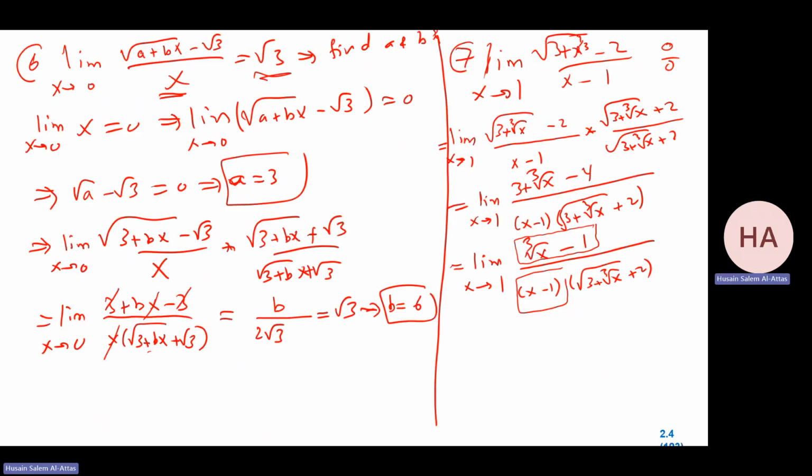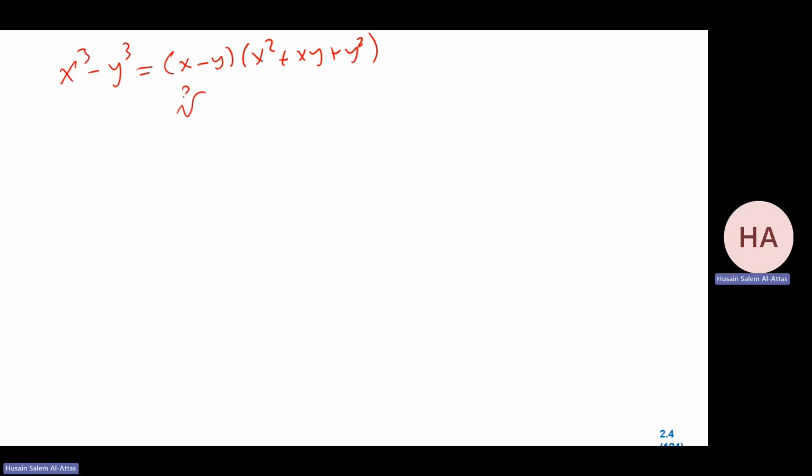So if I have cube root of x minus 1, make this like x, and this is y, to make it cube root cubed minus 1 cubed. Now I can kill the cube root. I need to multiply it by this expression, cube root of x squared, which is x to the power 2 over 3, plus cube root of x plus 1 squared, which is 1.